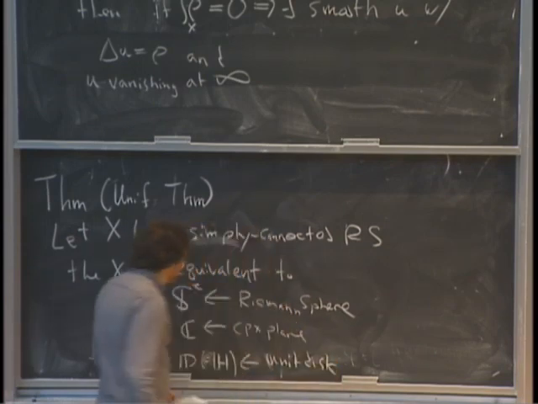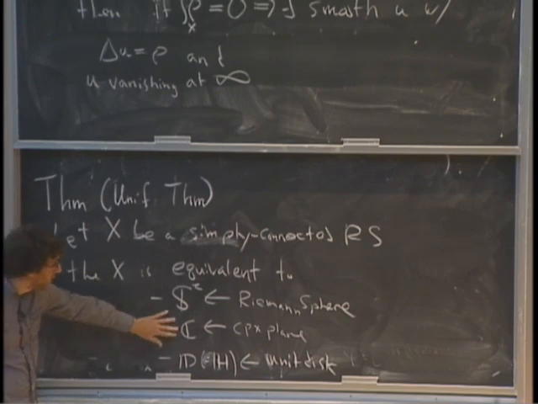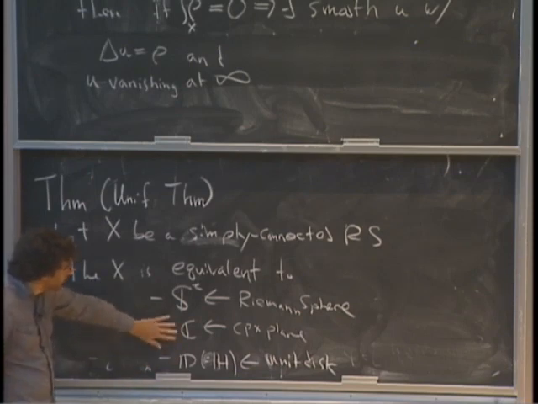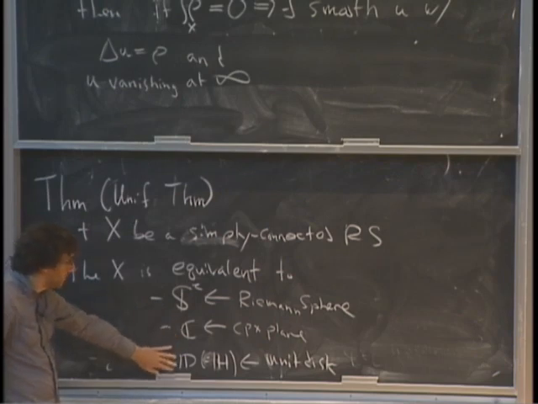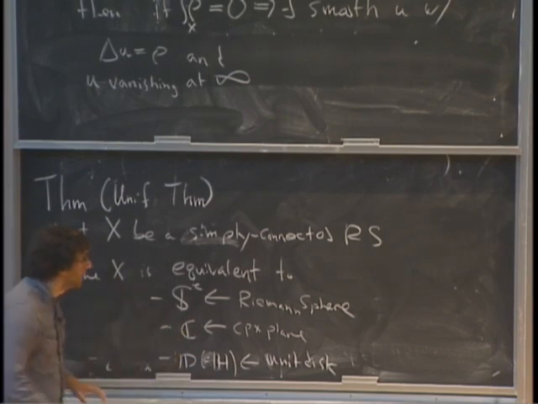Okay, so just to remark how one distinguishes between these. Obviously, this is the only compact example, so it's already distinguished between them topologically. These two are topologically the same, but are not conformally the same, not holomorphically the same. And one way to see this is there are no non-constant bounded holomorphic functions here. On the other hand, there's lots of bounded holomorphic functions here. So that's the way to distinguish the two.